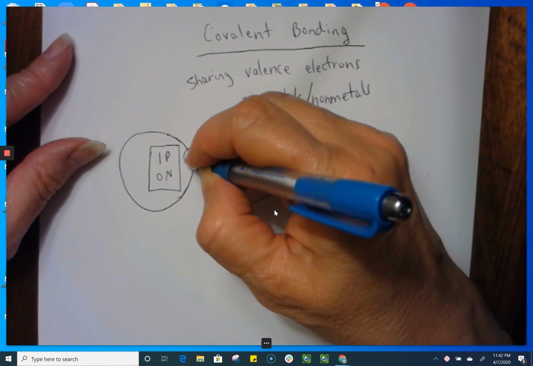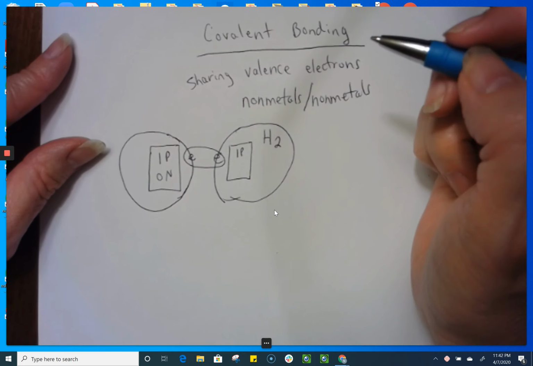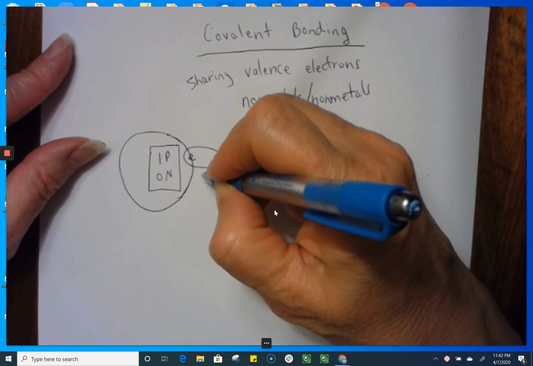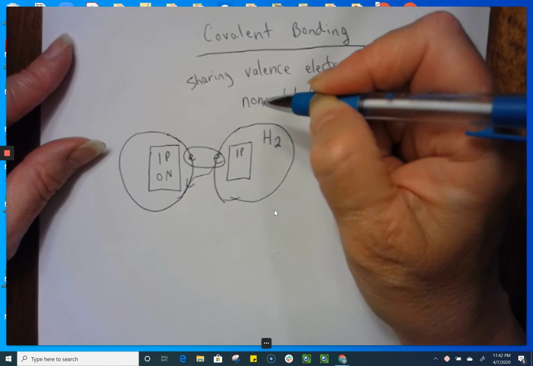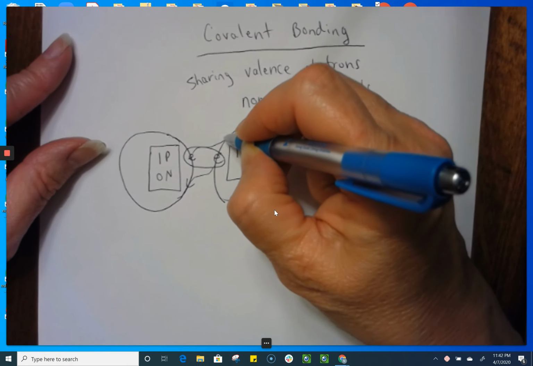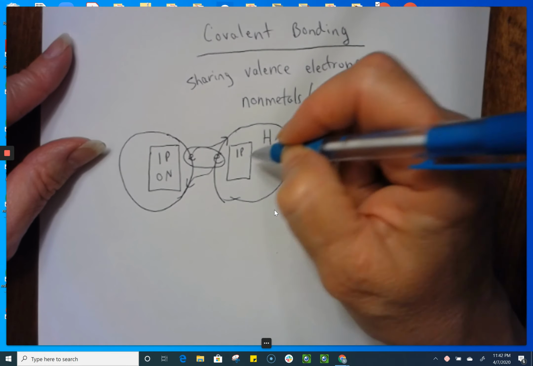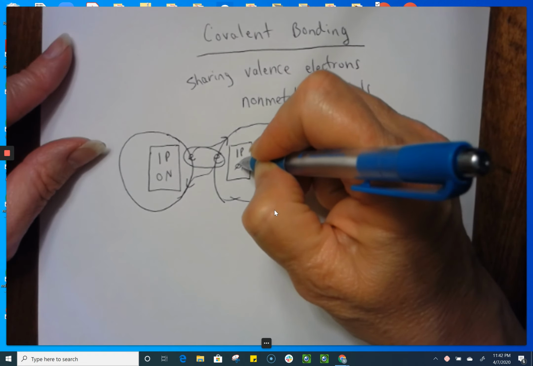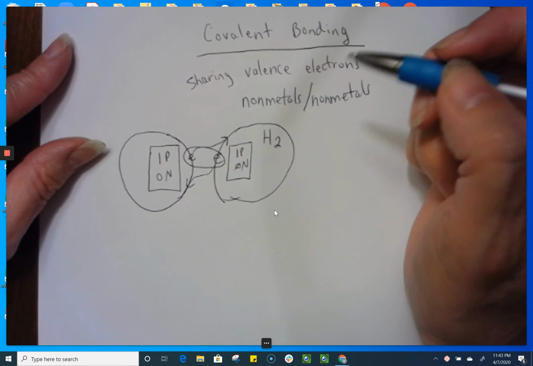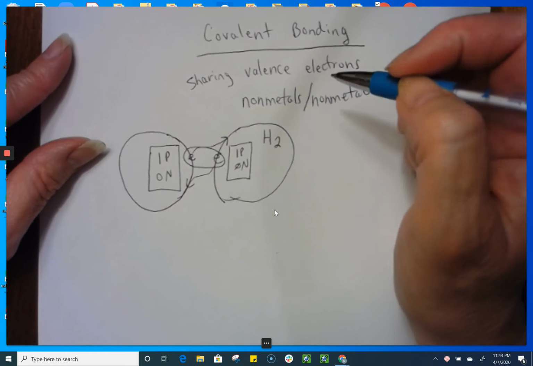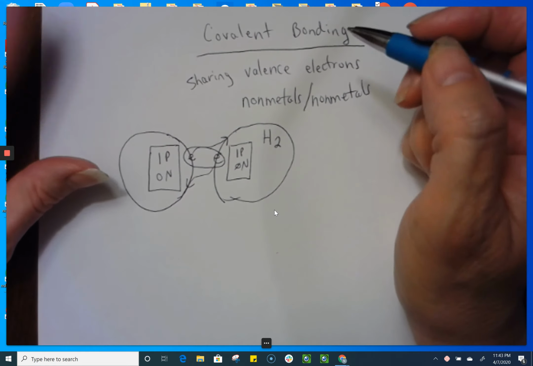So what will happen is that they will share an electron, and this electron is allowed to orbit that nucleus. And when that happens, they both have access to 2 electrons. Their outer energy levels are filled and they're stable.